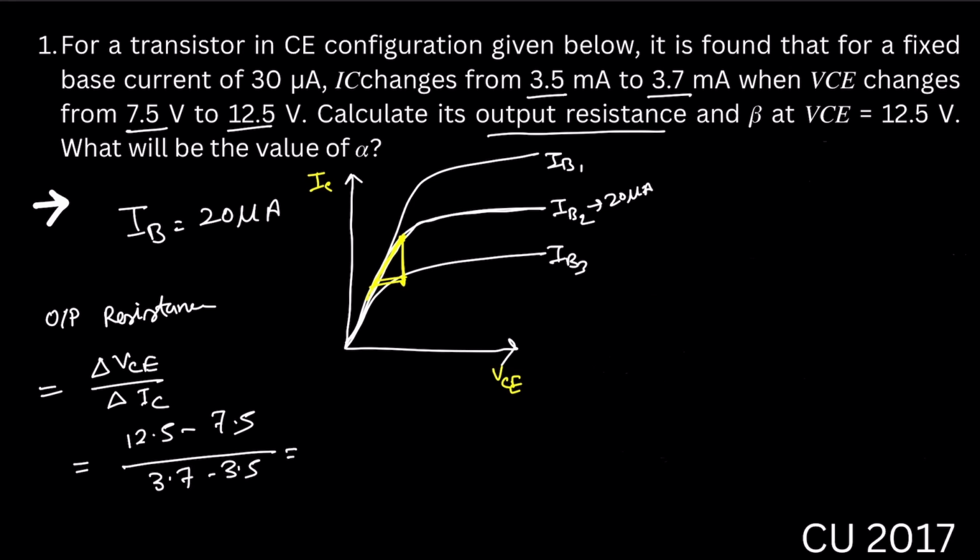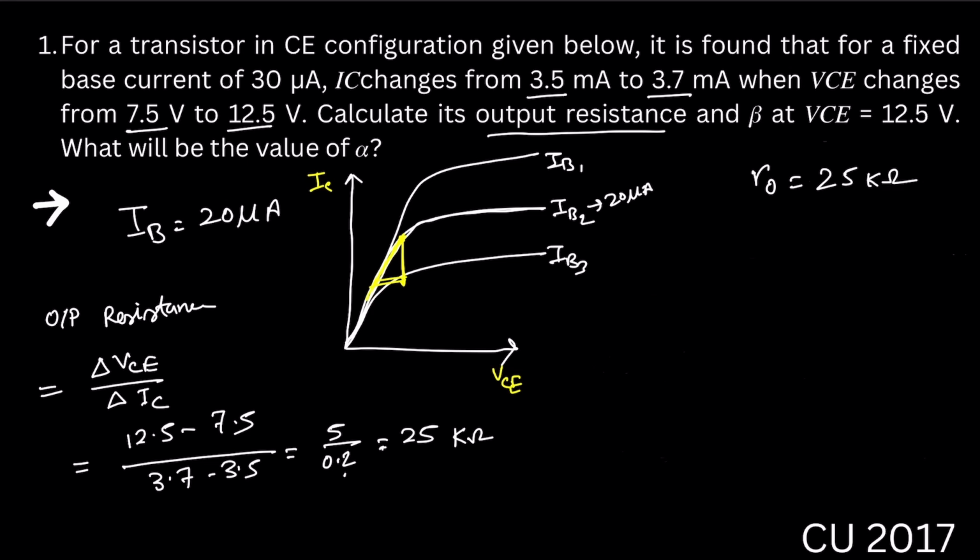It will be 5 divided by 0.2, which is 25. From here we can write down the output resistance will be 25 kilo ohm. Why? Because in the numerator it is voltage and in the denominator it is current, and the current here is milliampere. So the output resistance R0 will be 25 kilo ohm.